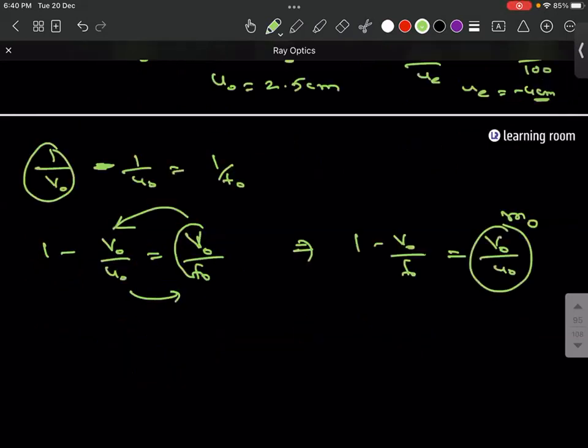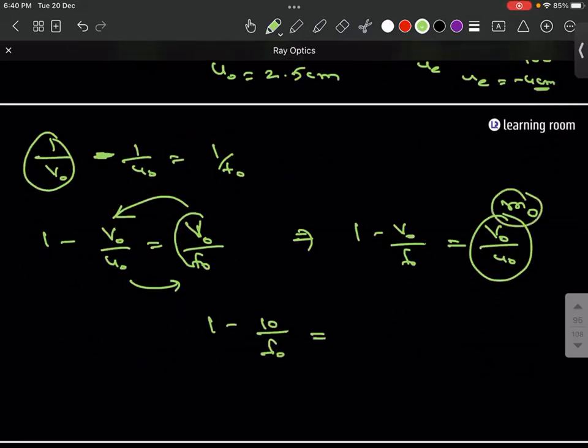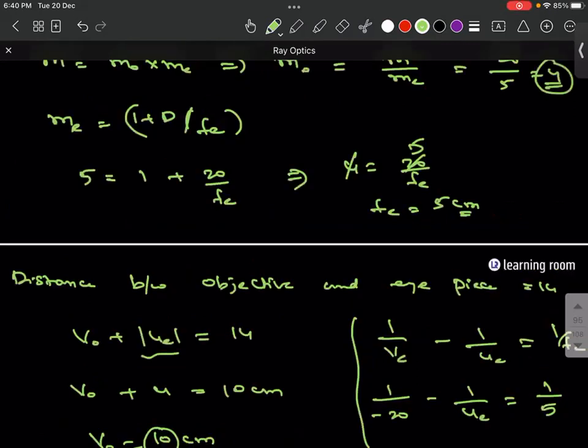So 1 minus 10 divided by F naught is equal to the magnification produced due to the objective, which is 4. So 1 minus 4 is equal to 10 divided by F naught. So F naught will be equal to 10 divided by minus 3.